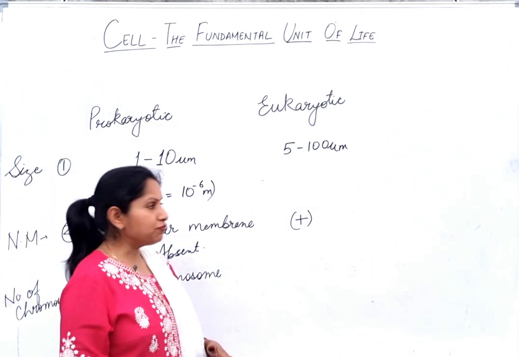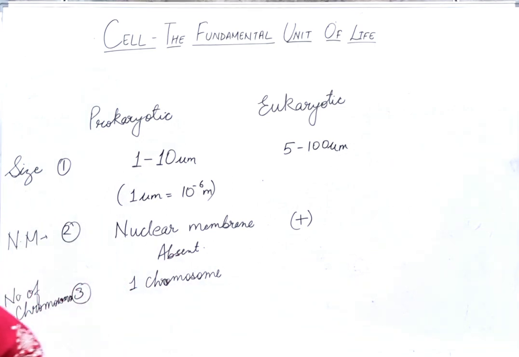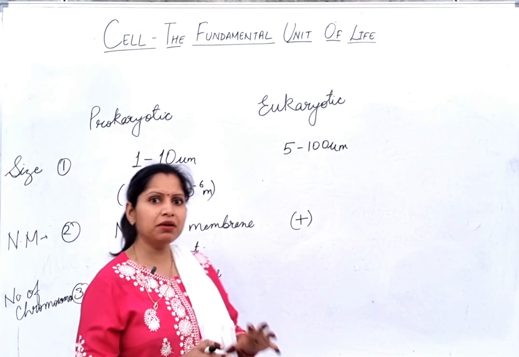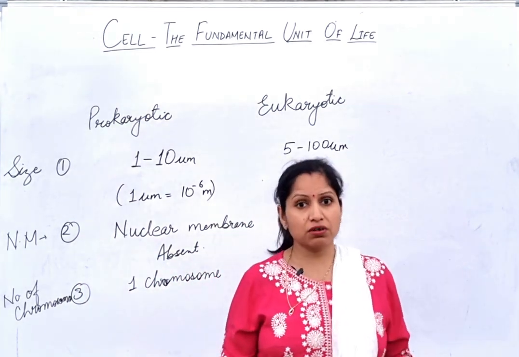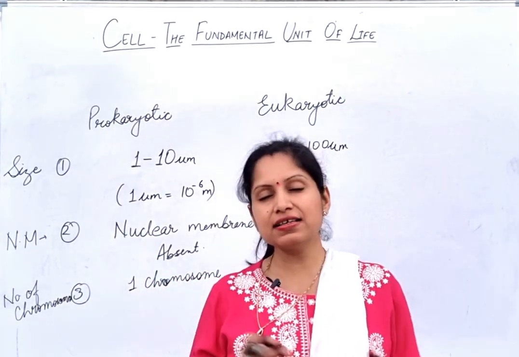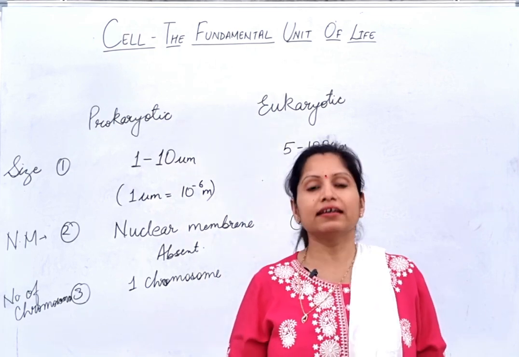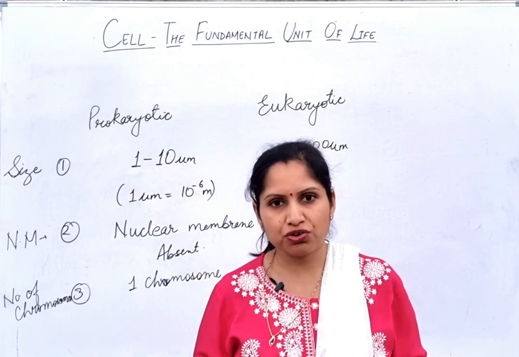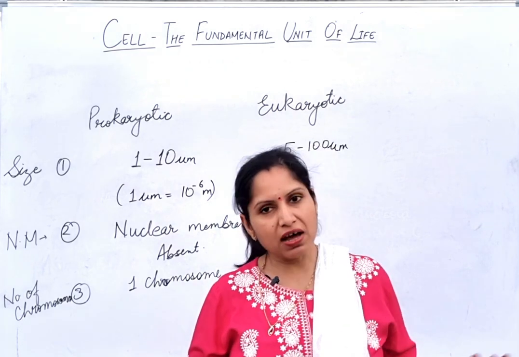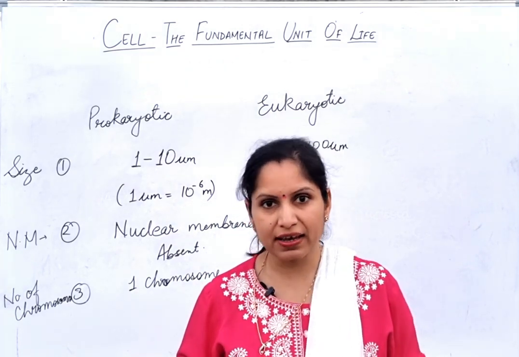Okay, apart from that, the prokaryotic organisms do not have membrane bound cell organelles. If we observe the cell organelles inside the cell, we will see that inside the cytoplasm there are various cell organelles like mitochondria. In case of plant cells, chloroplast is there.